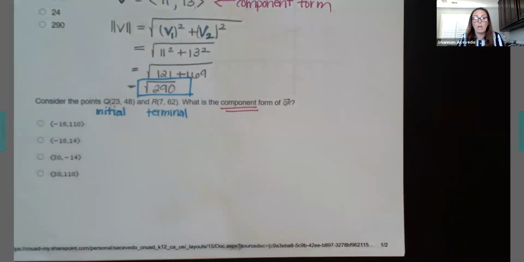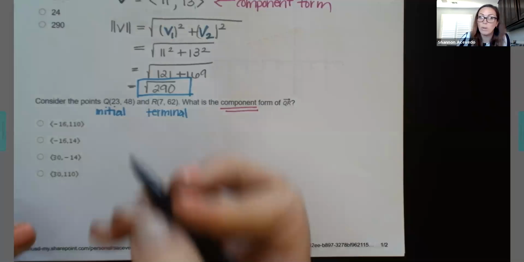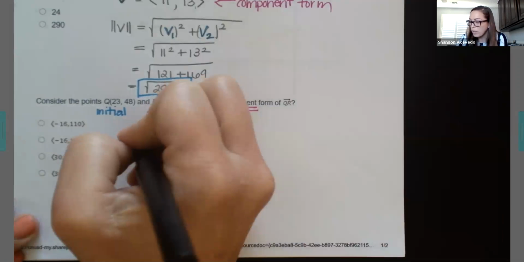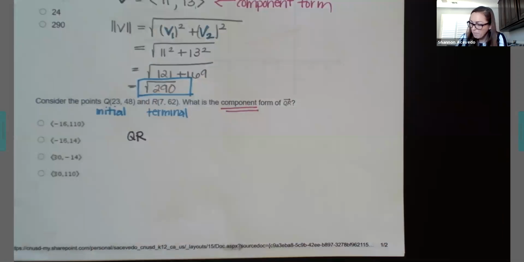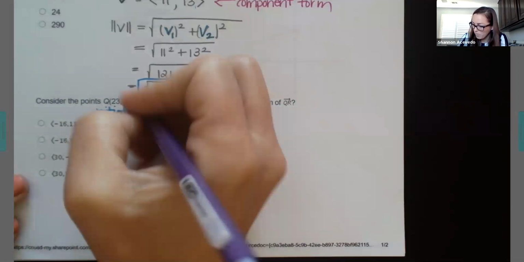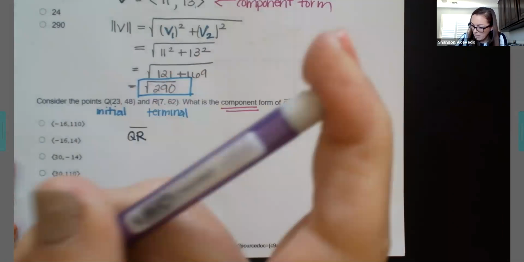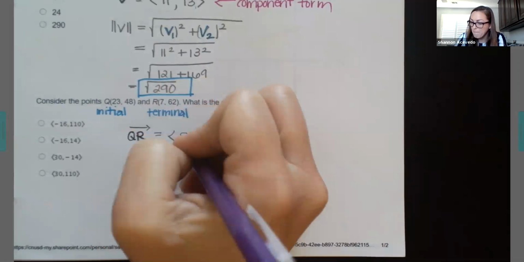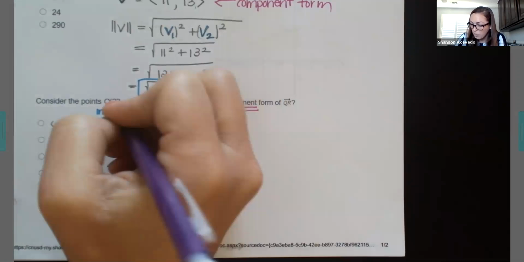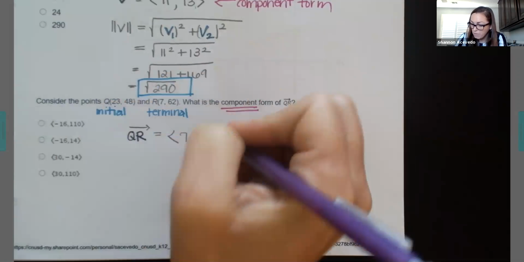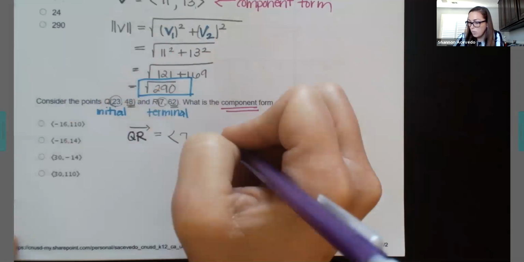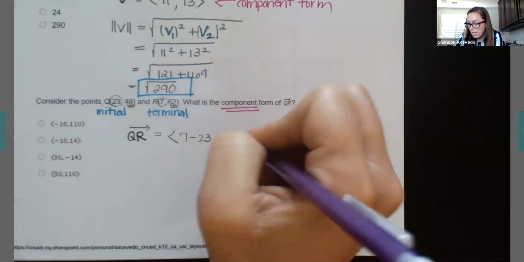Again, vocabulary though, knowing what they're asking. The idea you guys usually don't struggle with, it's the vocabulary. So QR, if I want to know what QR is going to be, I take the terminal, it's going to be 7 minus my 23, and so the first ones go together, the second ones go together, and then it's 62 minus 48.